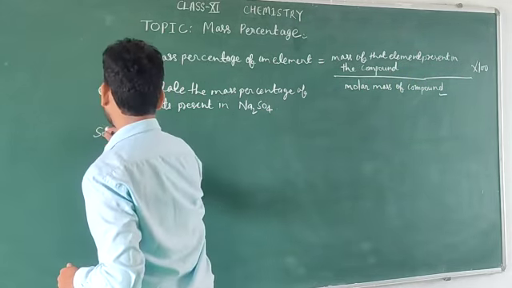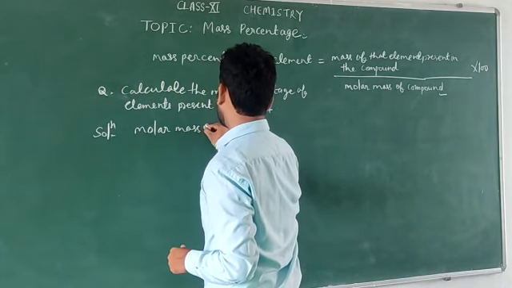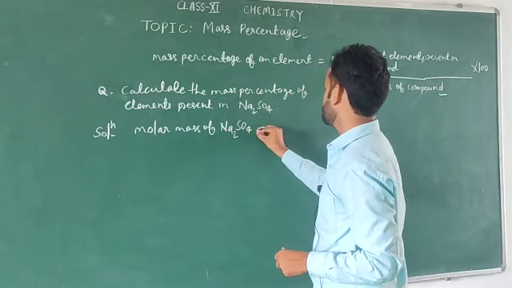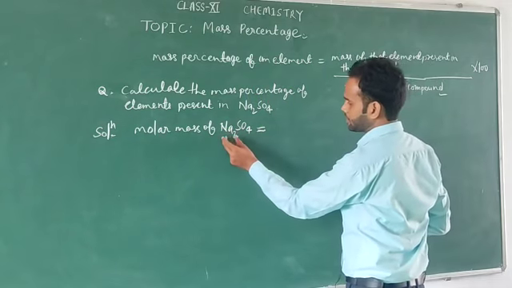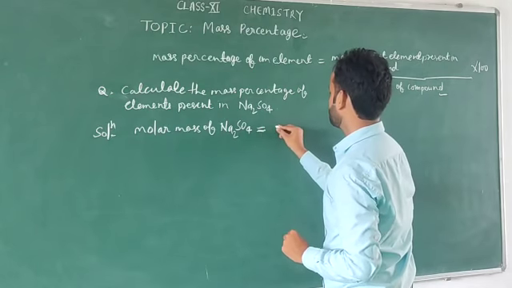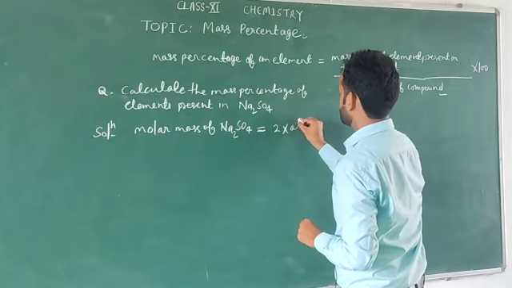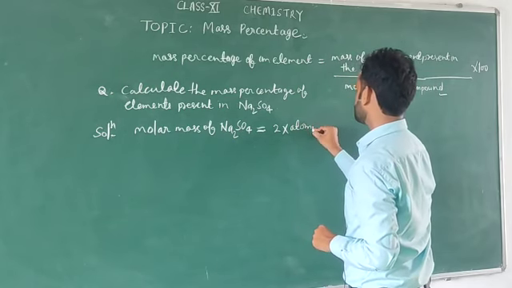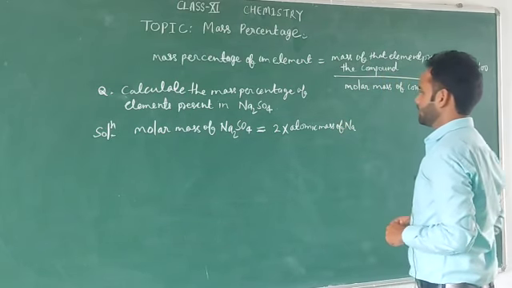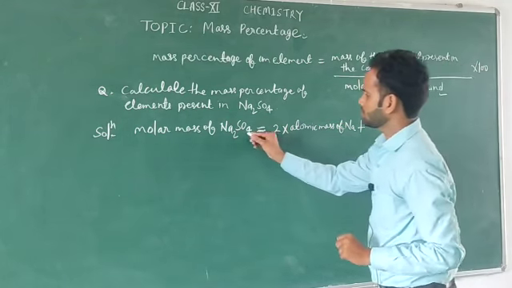So its solution will be like this. The molar mass of sodium sulfate Na2SO4 is equal to, so we are taking here 2 atoms of sodium, so we multiply 2 by the atomic mass of sodium atom, plus how many sulfur atoms are there?